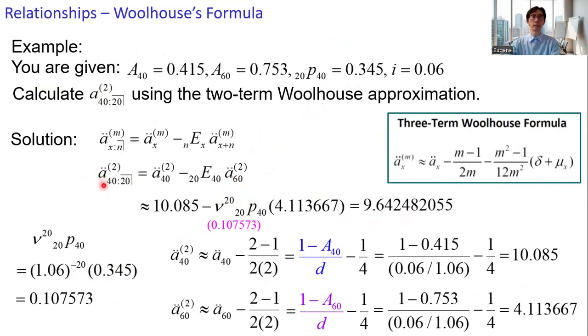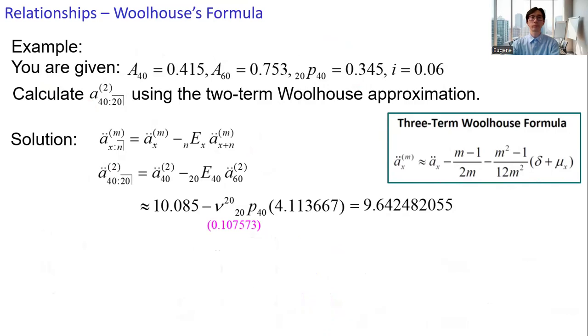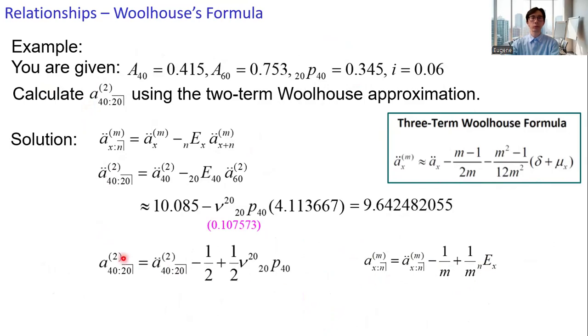We need to get the present value for the annuity immediate. Applies the relationship between the annuity due and annuity immediate, with m equals 2.